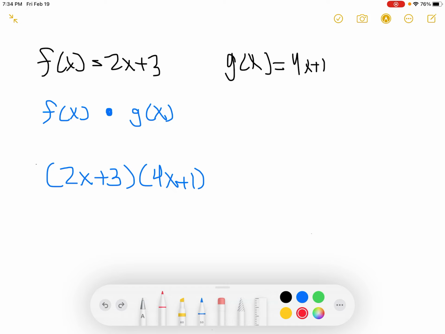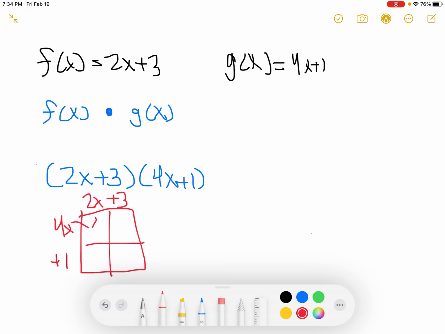There's two ways to do it. I'm only going to show one way because this way is the most simple and it takes the least time, in my opinion. There's the box method, where you would draw a box like this, and there would be 4 different places. So you have 2x plus 3, 4x plus 1, and then you would multiply each thing that goes in the box.